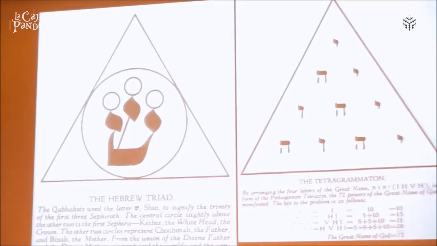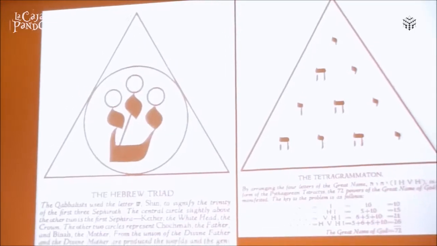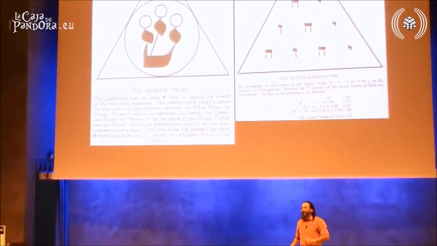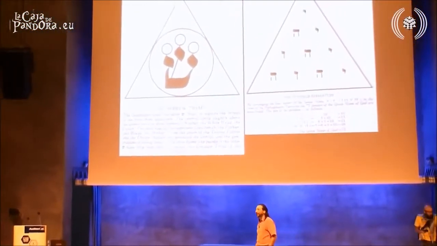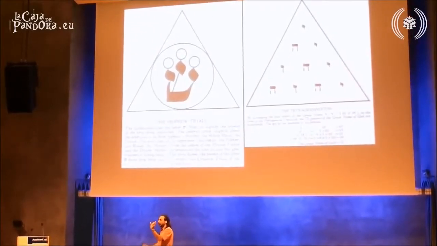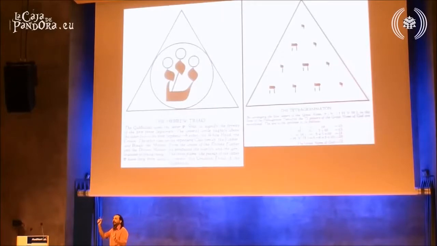for a guy like me who's doing my research, when I see the word tetra, I clue in. Tetra is 4 in Greek, and grammaton has been translated as grammar. So the 4 letters of God, the tetragrammaton.